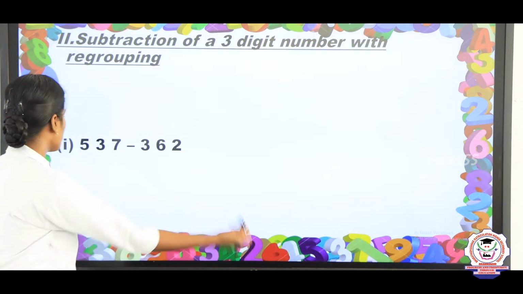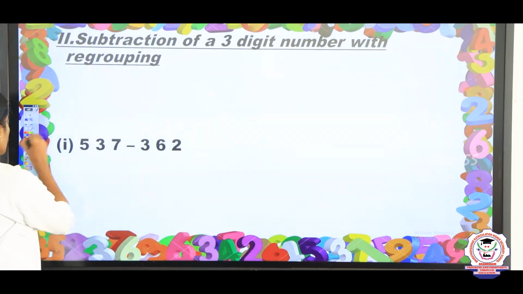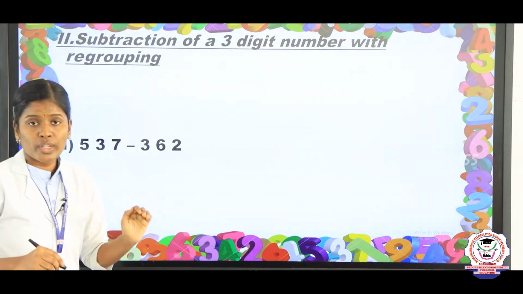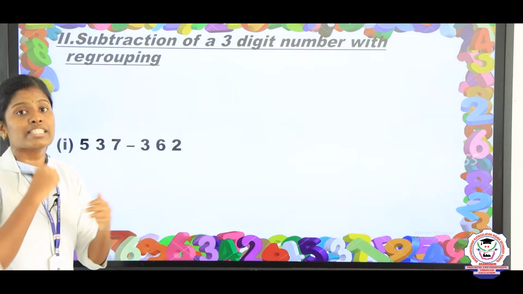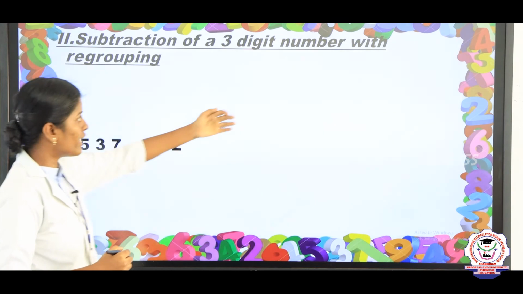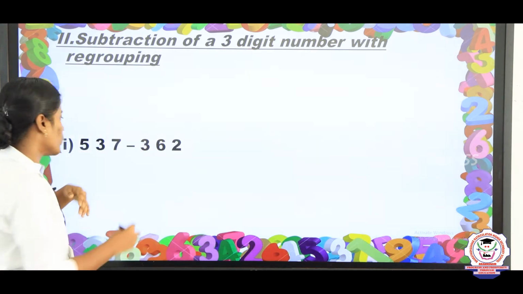So listen here. When we are doing the subtraction problem, if the sum has a borrow, that is called subtraction with regrouping.